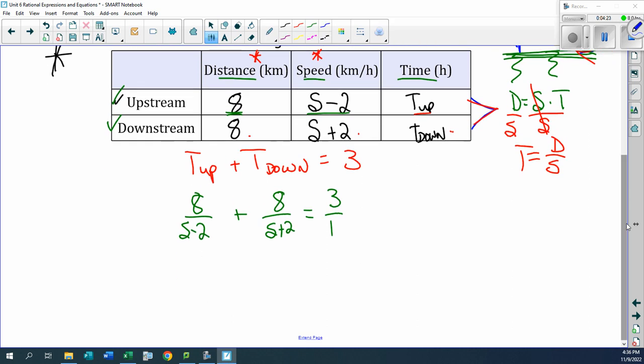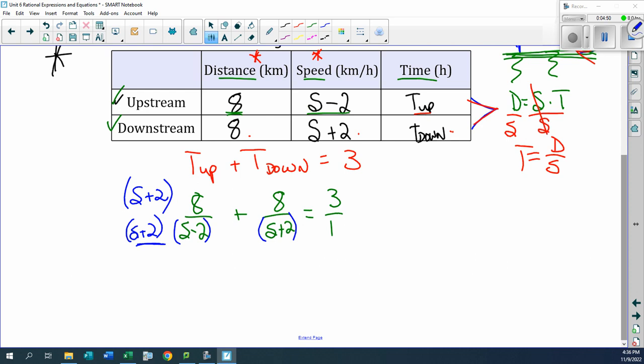And one of the reasons why it's going to be easy is because you got to remember the question that we always ask ourselves when we're making common denominators in rational expressions. What's missing? Look, this has got an s minus 2. This has got an s plus 2. On this guy, what's missing? Well, of course, it's missing the s plus 2. And what you do to the bottom, you do to the top.